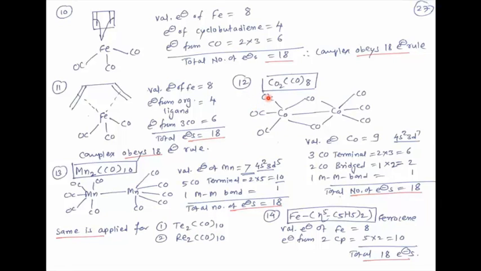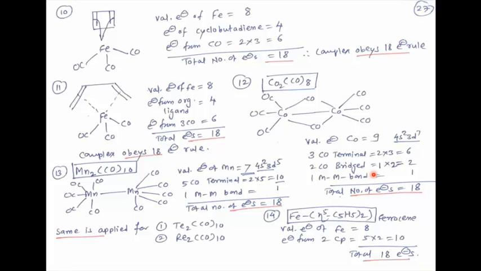Then see the next complex, Co2(CO)8. Cobalt is attached with 3 terminal carbonyls. It is also attached to 2 bridging carbonyls. So the valence electrons of cobalt, it consists of 9 electrons, 4s2 3d7. 3 terminal carbonyls: each carbonyl donates 2 electrons, 3 in number, therefore 6. 2 bridging carbonyls: when a bridged carbonyl is present, we have to consider only 1 electron.